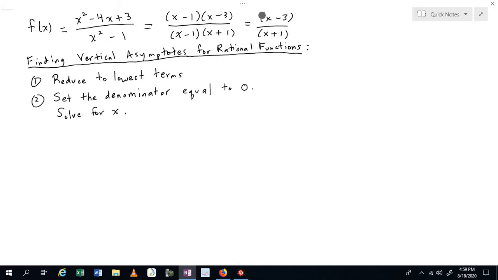But there's one number that we have to be very careful about. When I plug a 1 into the left side, I get 0 divided by 0, which is undefined because division by 0 is not defined. Whereas when I plug a 1 in on the right-hand side, I get negative 2 over 2, which is negative 1.